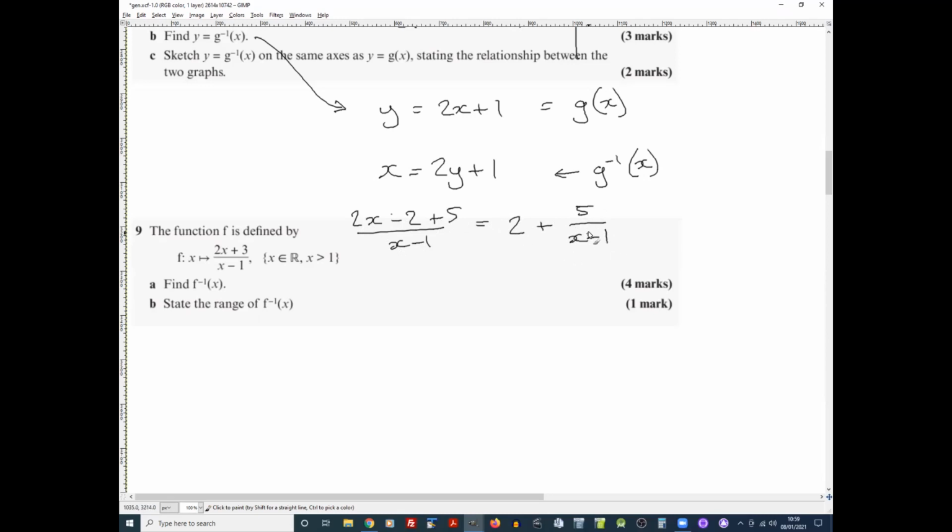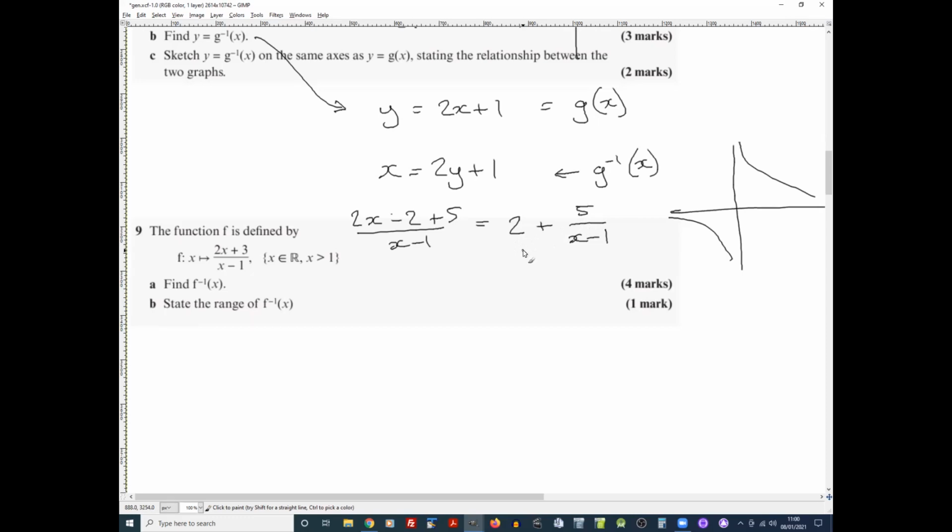So now I can see better how it translates and scales from an original reciprocal graph: a horizontal translation by 1, a vertical scaling by 5, and then a vertical translation of 2.